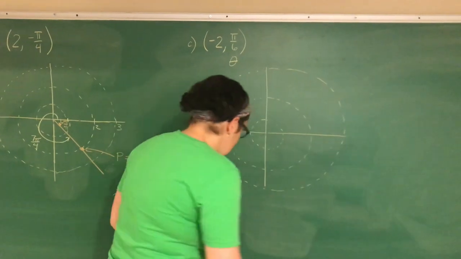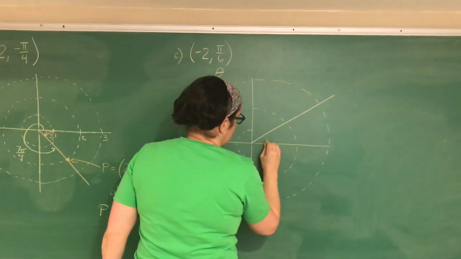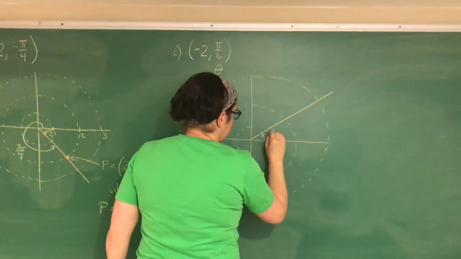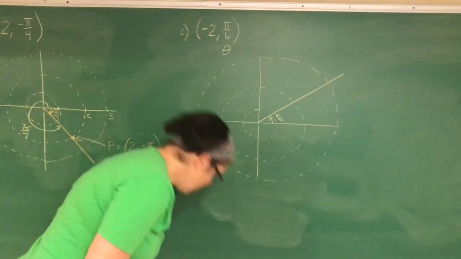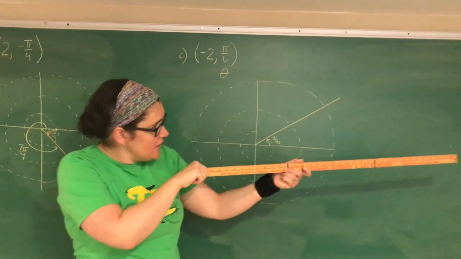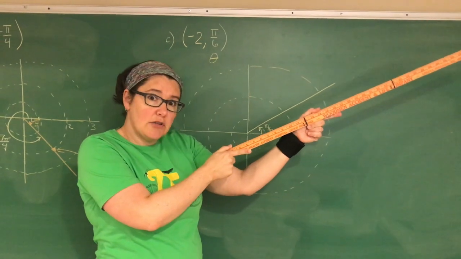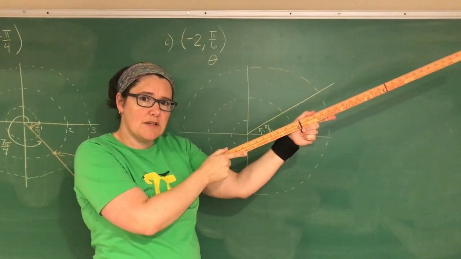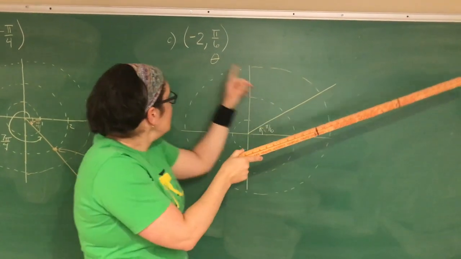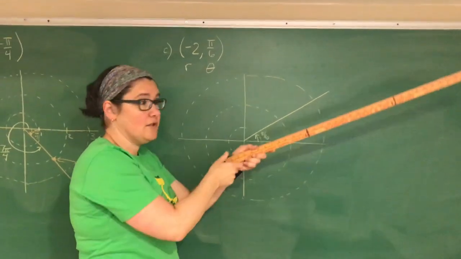So I can draw my angle of 30 degrees. Here it is. And so if I'm thinking about this in terms of my antenna or my yardstick, I start on the positive x-axis, I swing up counterclockwise to an angle of pi over 6 radians, and then I look at the r value. And so our r value in this case is negative 2.